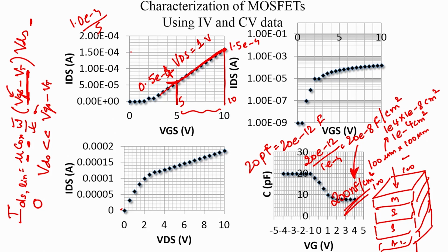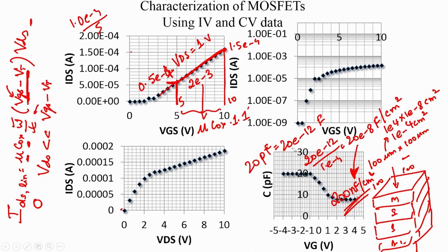So this slope is about 2 e minus 3, okay, and that is supposed to be our mu Cox W over L into VDS. So let us say VDS is 1 volt. Let us say the aspect ratio is also 1, that means the channel width is equal to the channel length.